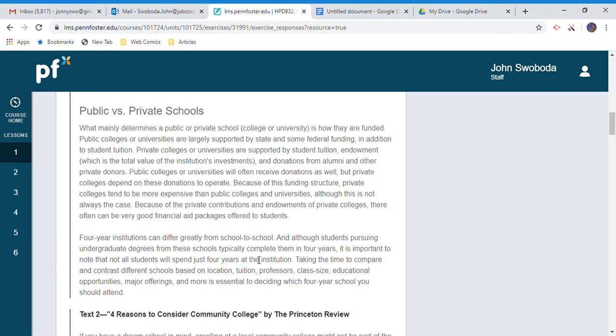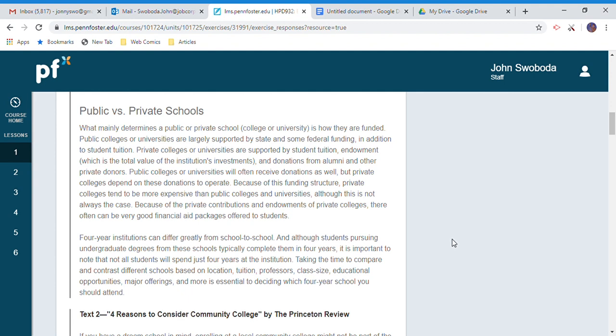Public versus private schools. What mainly determines a public versus private school, college or university, is how they are funded. Public colleges or universities are largely supported by state and some federal funding, in addition to student tuition. Private colleges or universities are supported by the student tuition, endowment, which is the total value of the institution's investments, and donations from alumni and other private donors.